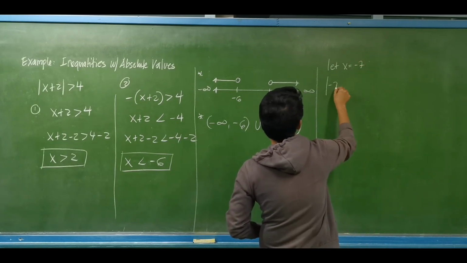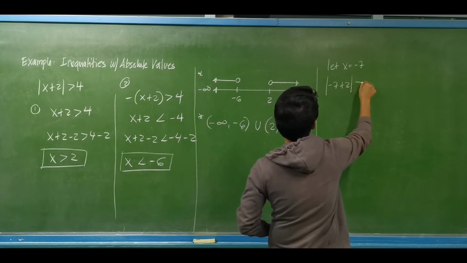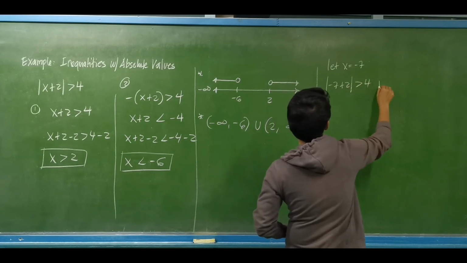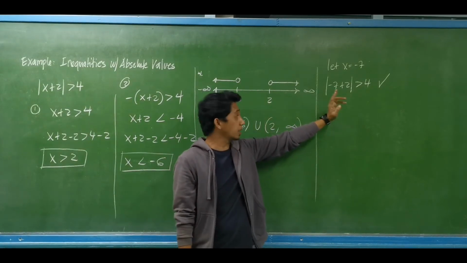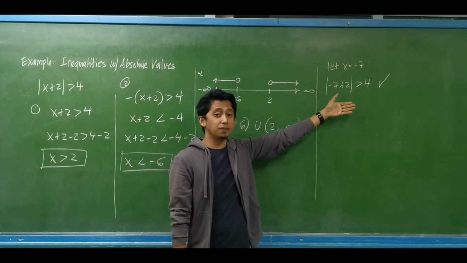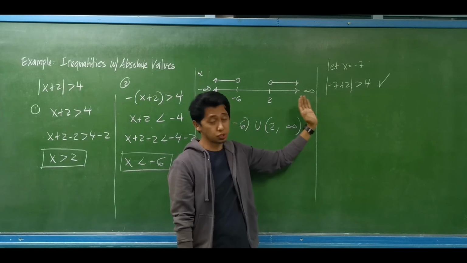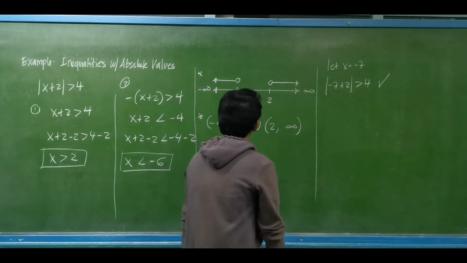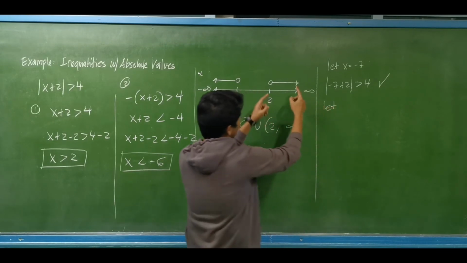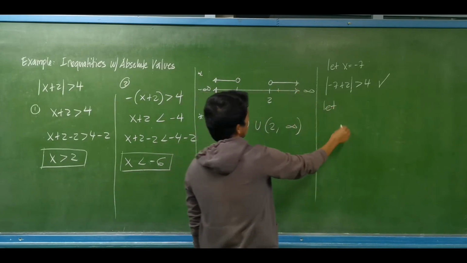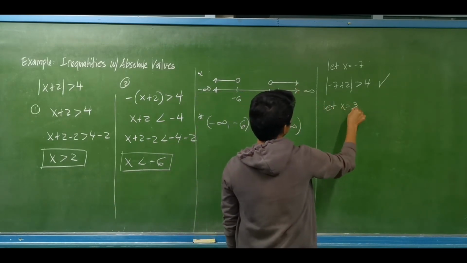Is the absolute value of negative 7 plus 2 greater than 4? So obviously this is correct. Since negative 7 plus 2 is negative 5, absolute value of negative 5 is positive 5, which is greater than 4. So for example, what about on this interval? Let's say we are using x is positive 3.